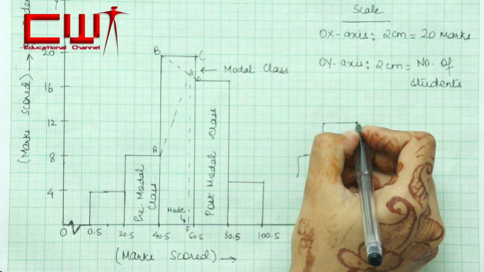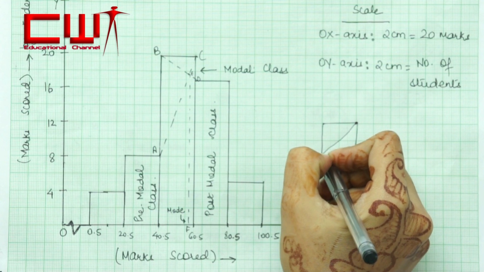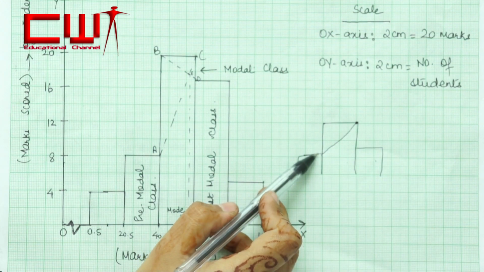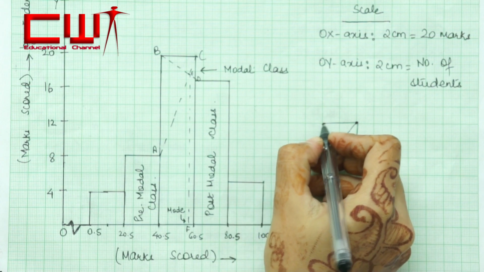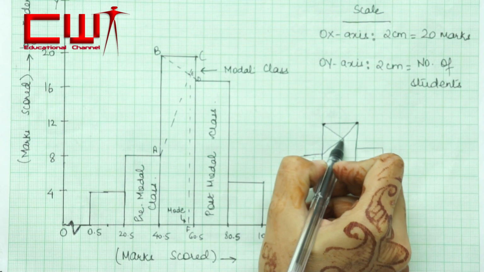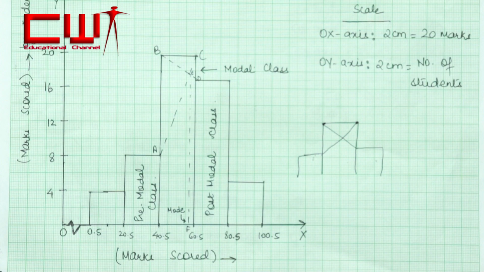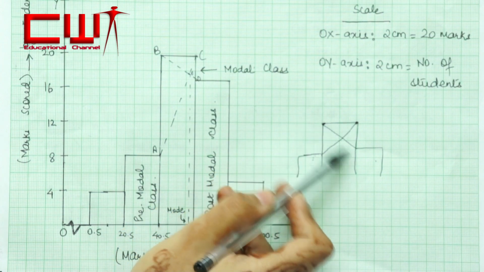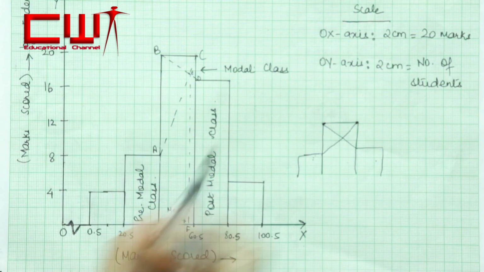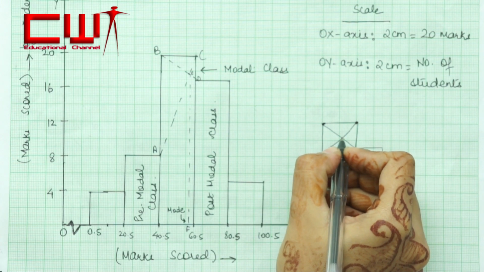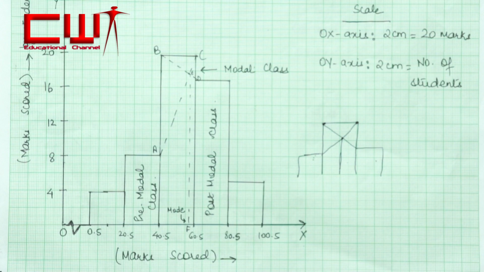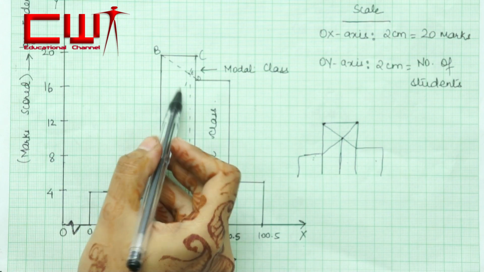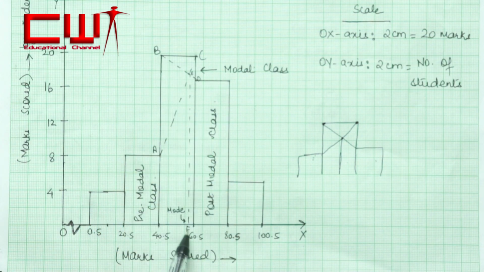The right point of the highest bar, you join with the left point of the bar to its left. Then the left point of the highest bar, you join with the bar on the other side. A cross should be formed, as shown in the figure. Where the cross intersects, draw a line down to the OX axis parallel to it. This point is known as the mode.